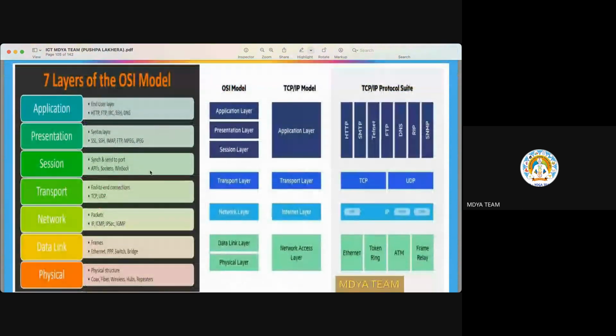The lowest layer in the OSI model is the physical layer. But in TCP/IP, it is the network access layer. The network access layer is made by merging 2 layers of the OSI model.